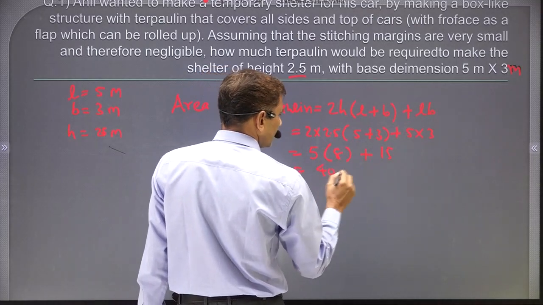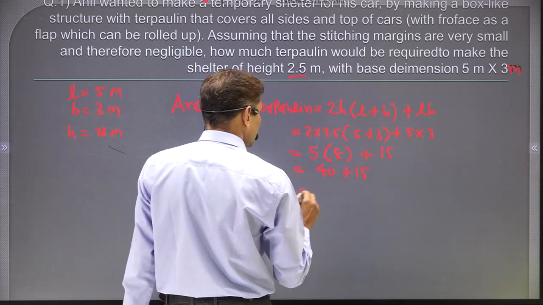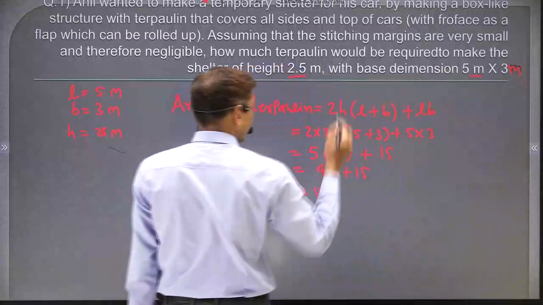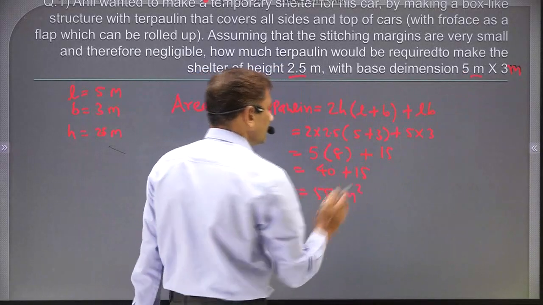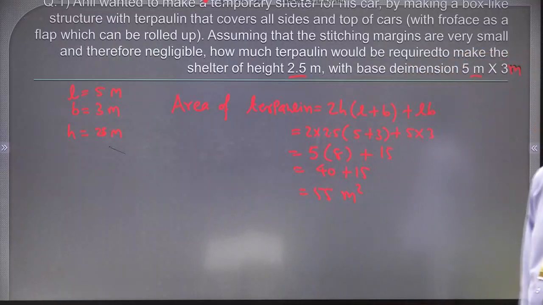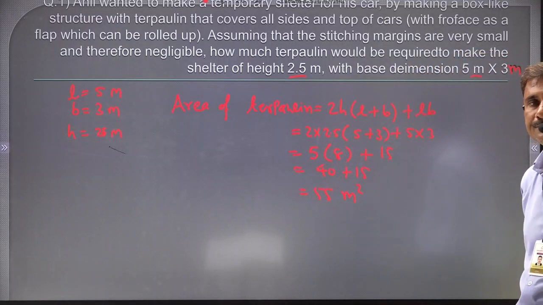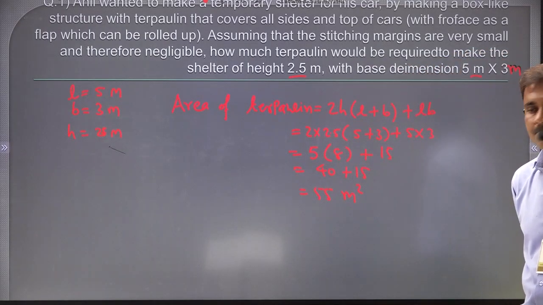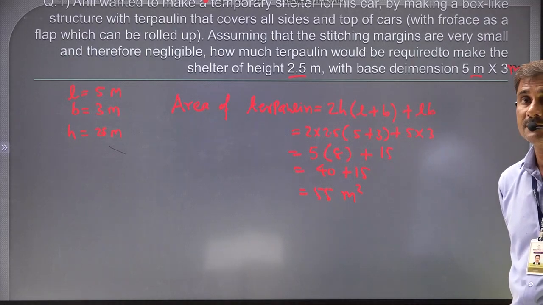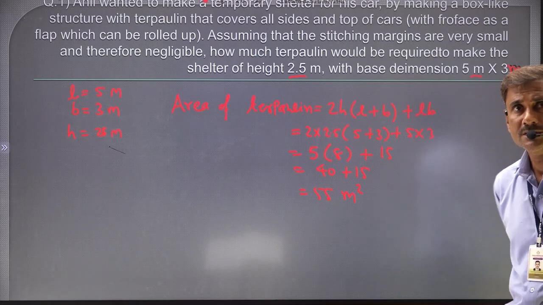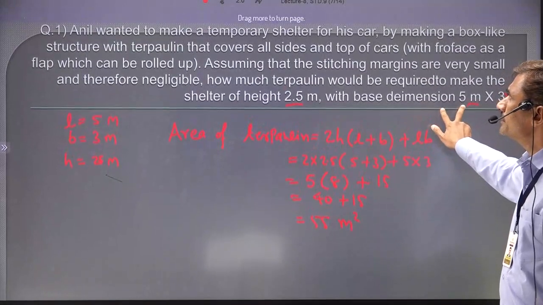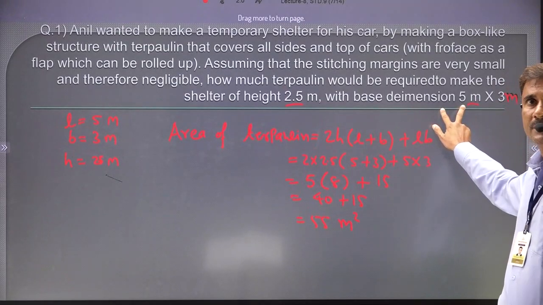So it will be 40 plus 15, so it will be 55. And the unit is meters everywhere, so it will be meter square. They ask this only, not cost or anything else. So you can understand now what the area of tarpaulin required is. It is 55 meters square. So understand the question well. Sometimes students get confused due to a long question.